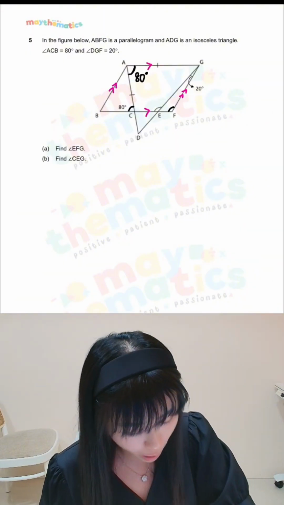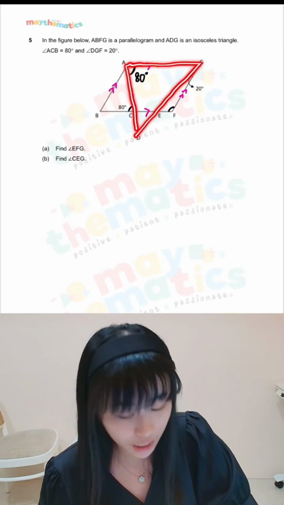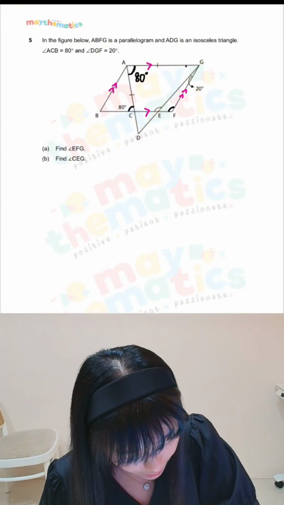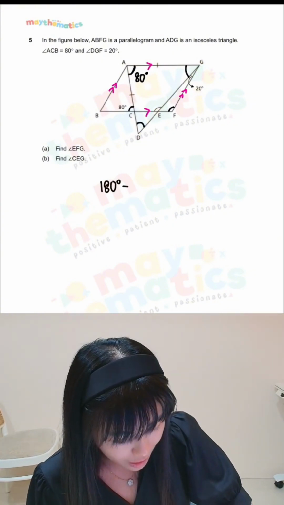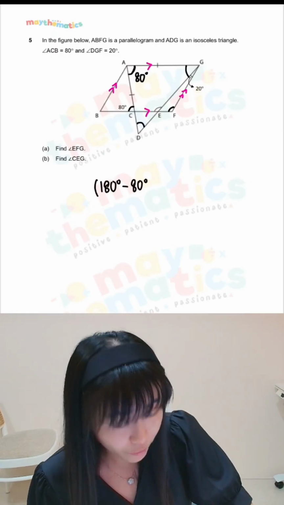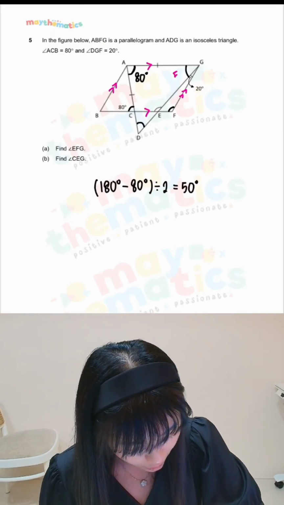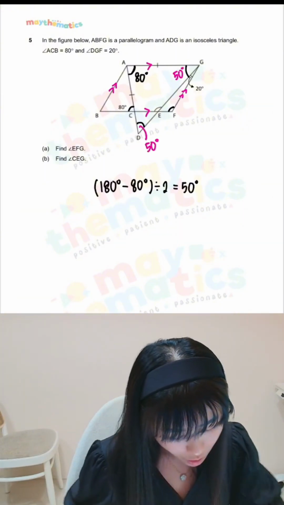Now I want you to focus on this triangle. Can you see that it's an isosceles triangle? So how can you find this angle or this angle? We take 180 minus away 80 degrees, divided by 2. 50 degrees. So we have 50 degrees here and 50 degrees here.